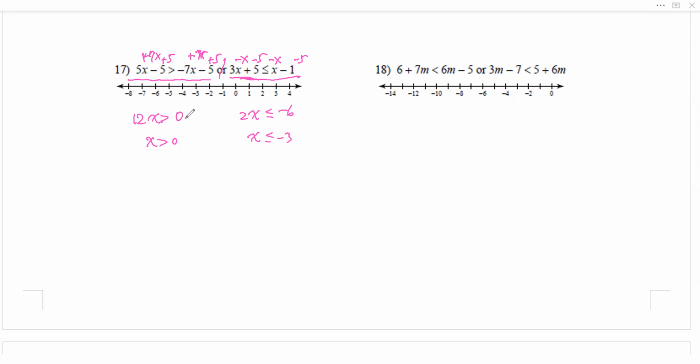So when graphing, you can see x greater than 0 is this part, right? X less than or equal to negative 3 is this part. So it's negative infinity to negative 3 and 0 to positive infinity, not including 0. So we use the parenthesis here, right? All right, let's move on to 18.